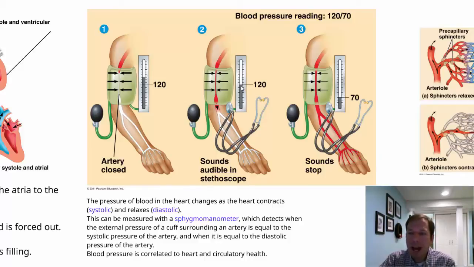The point at which the sounds are first heard is the systolic pressure. As the pressure is further released and the vessel returns to its normal flow, there's a point at which that noise stops and the blood is flowing normally. That's the low, or the diastolic pressure. And so we get that 120/70 is the ultimate blood pressure reading.